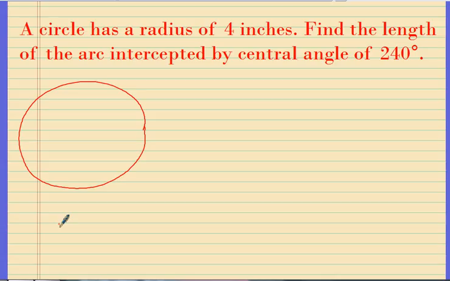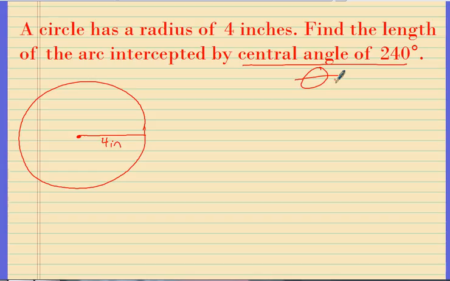Okay? So there's my circle. What do I know? My radius is 4 inches in this case. And I know I have a central angle. What does this represent? That represents my theta of 240 degrees.